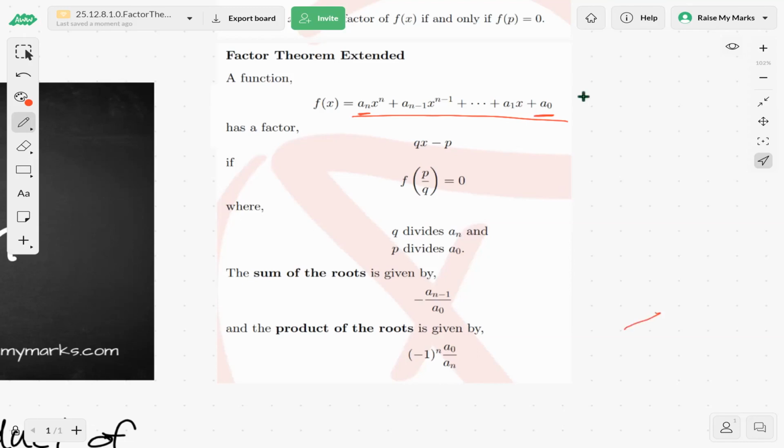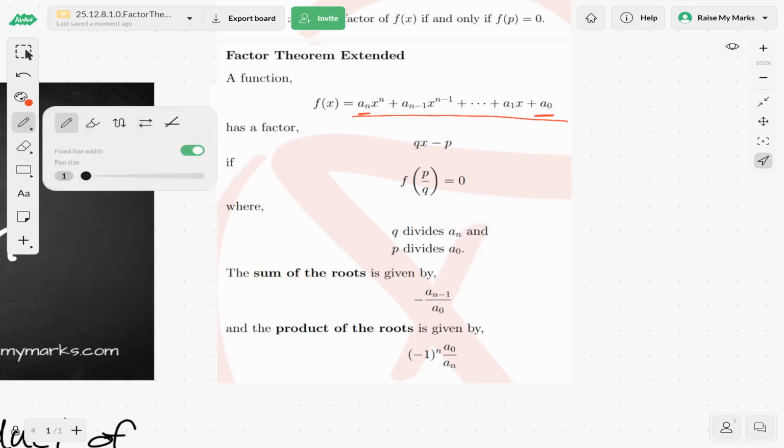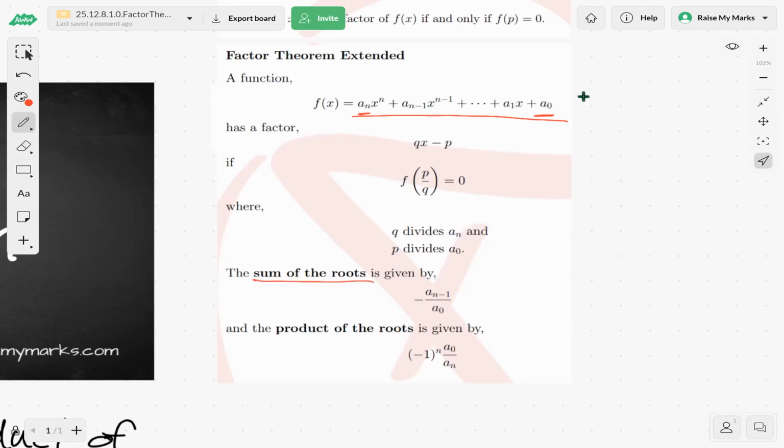Okay, and we also have that the sum of the roots, and this is what's useful for us, is given by negative a sub n minus 1 over a0. So the sum is the ratio created by the coefficient of x to the power n minus 1 over the constant.